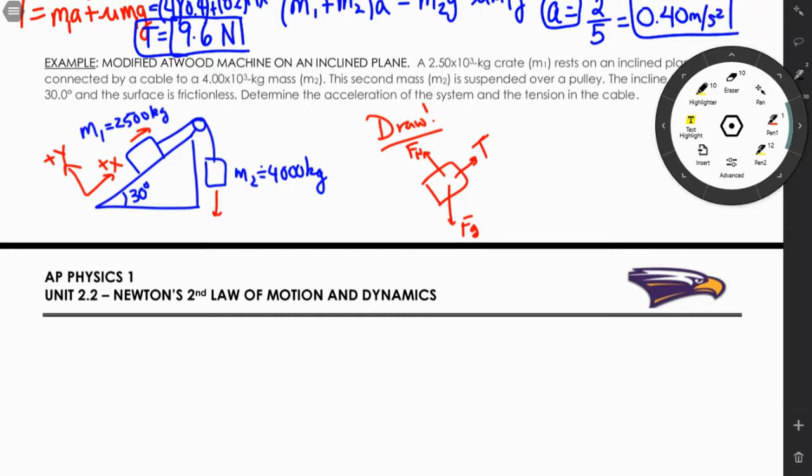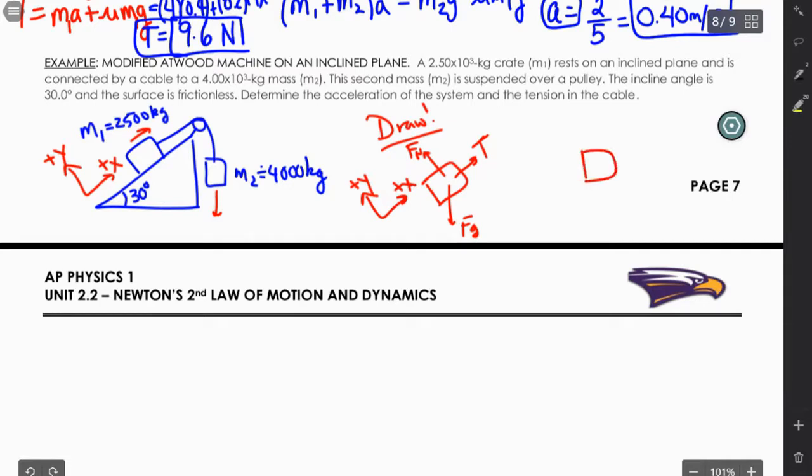That's our positive X, following the incline. Here's our hanging mass. So you've got the tension up, and then the weight down. And remember, these two T's are equal, because we always assume a massless, frictionless pulley. Same thing about the string.